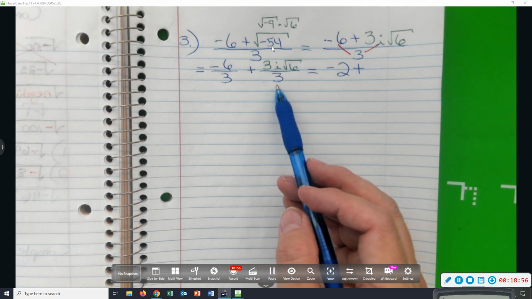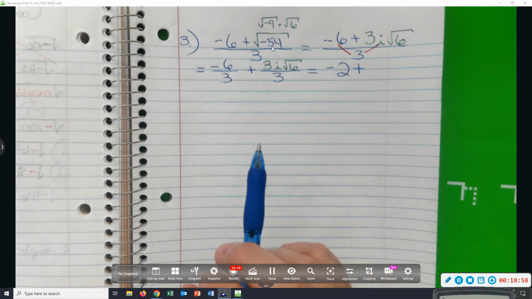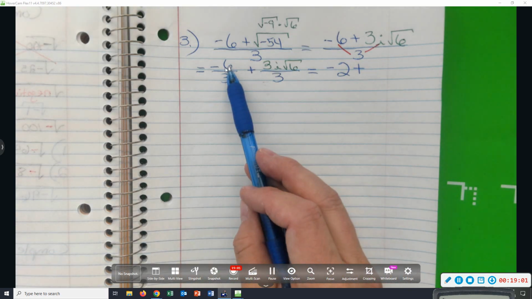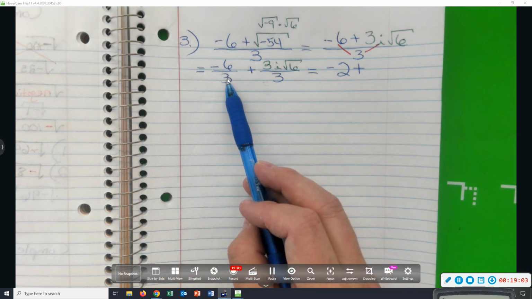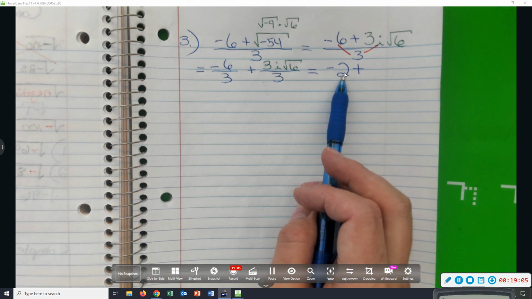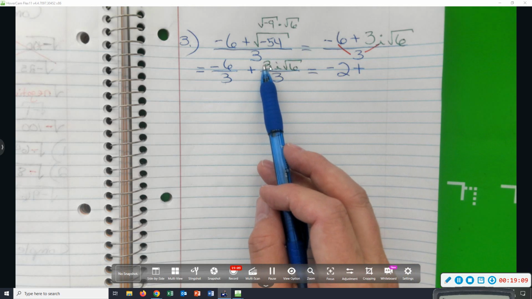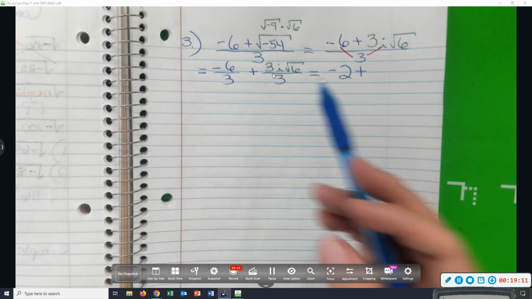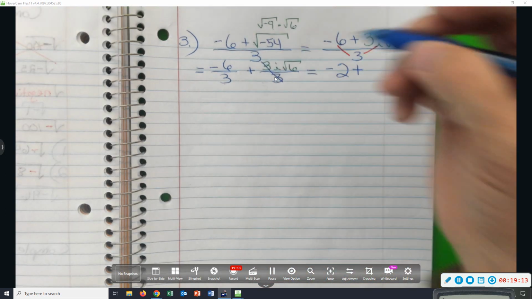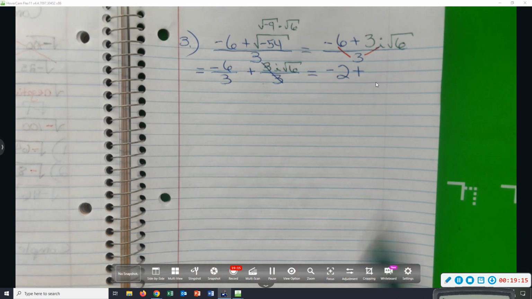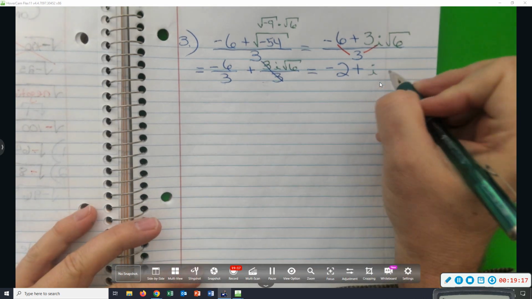It's just multiplication and division, so we can cancel. Where did you get the -2? -6 divided by 3 is -2. Look in here. We have a common factor of 3. 3 divided by 3 leaves me 1i square roots of 6.